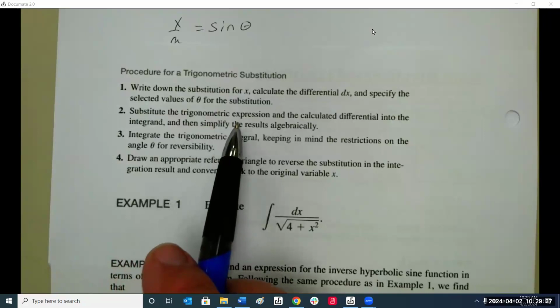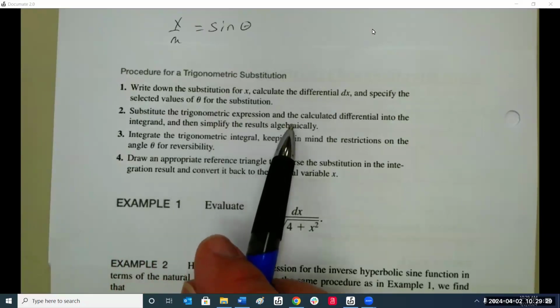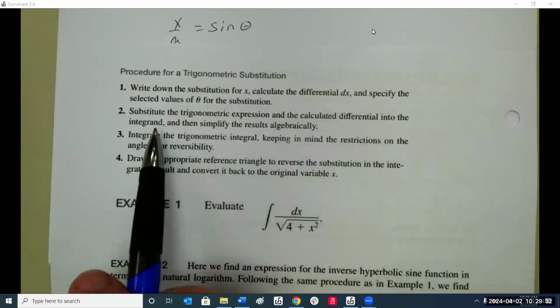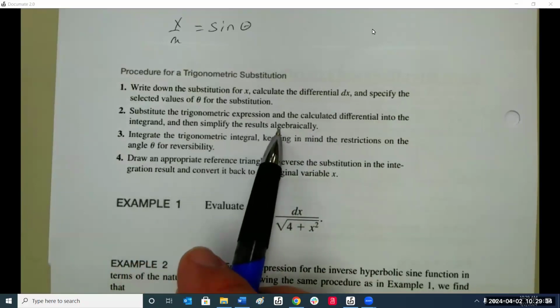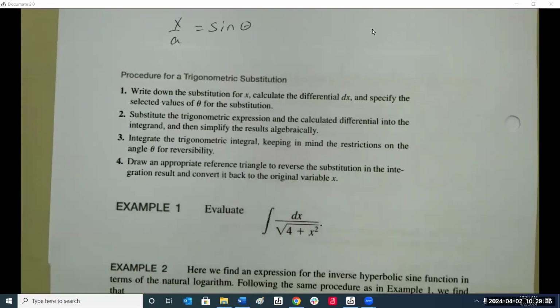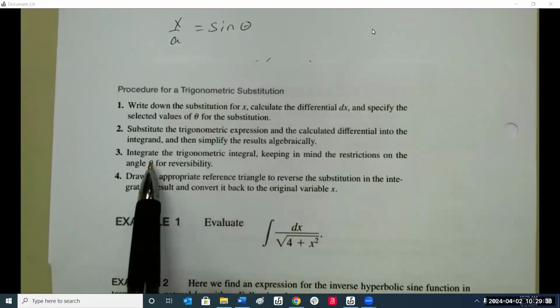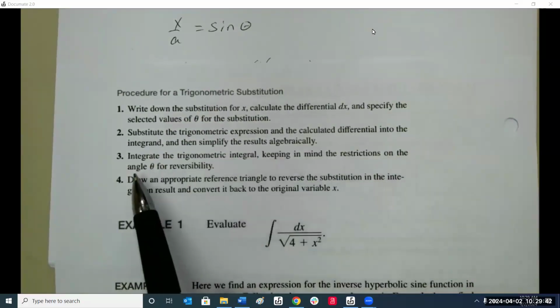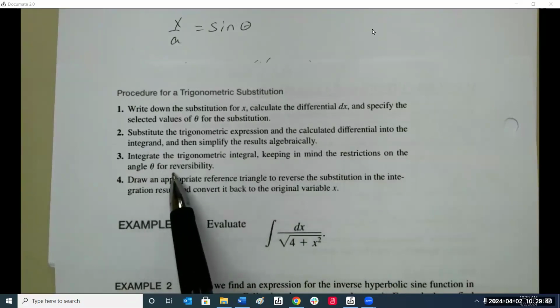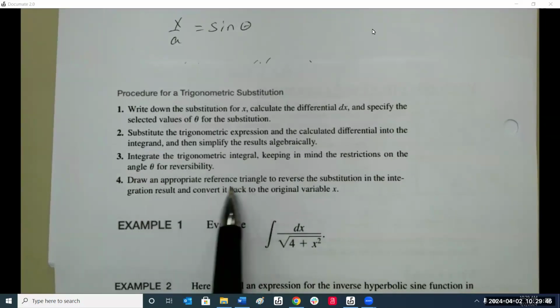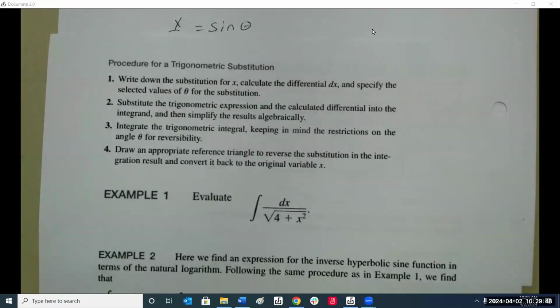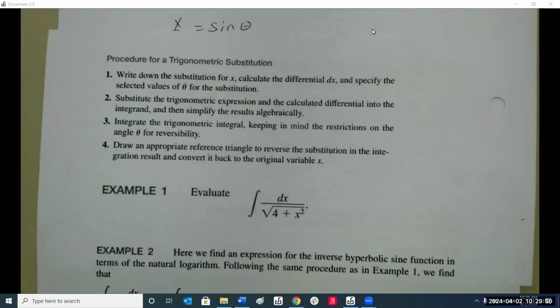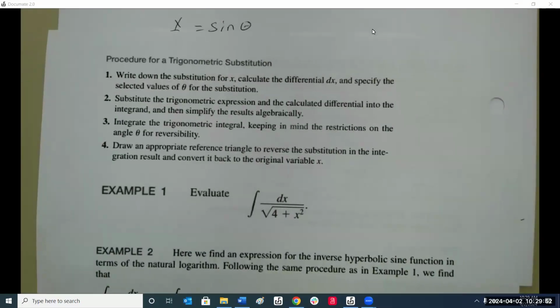Substitute the trigonometric expression and the calculated differential into the integrand, and then simplify the results algebraically. These are the procedures to substitute. Integrate the trigonometric integral, keeping in mind the restrictions on the angle theta. Draw an approximate reference triangle and reverse the substitution. Let's see what all that stuff means.